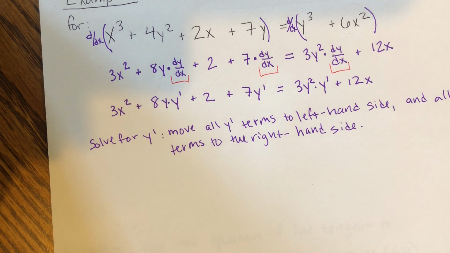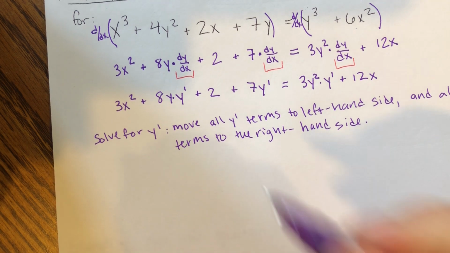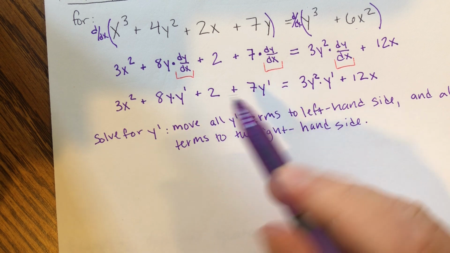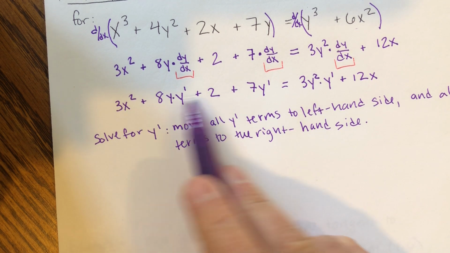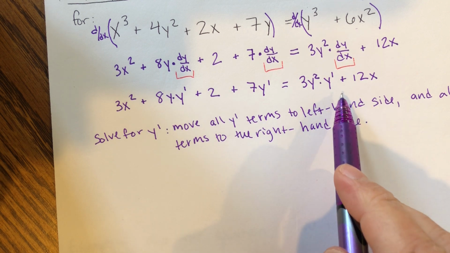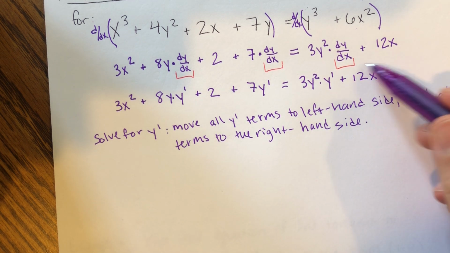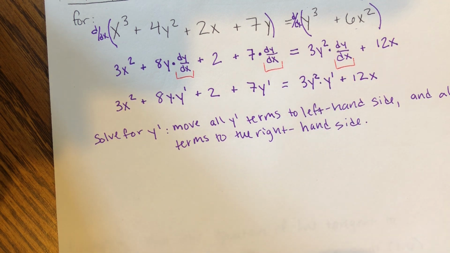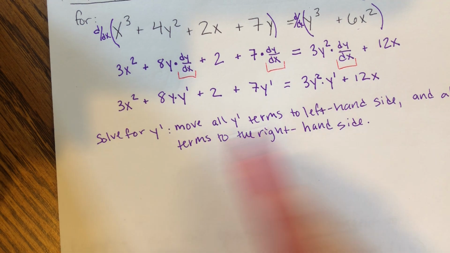Essentially, we're leaving 8y y prime and 7y prime on the left-hand side, but moving our other two terms that don't have a y prime over to the right. Then on the right-hand side, we can leave the 12x alone, but we have to move 3y squared y prime over to the left. So rearrange this equation by subtracting as needed.